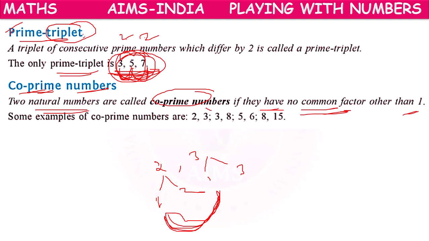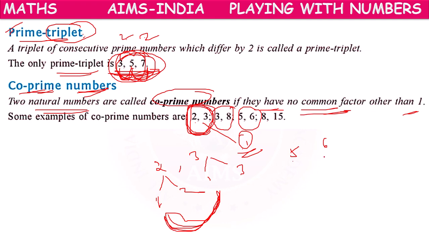If for a pair of numbers the common factor is only 1 and there is no other common factor, then they are said to be co-primes, like 3 and 8, 5 and 6. They may be prime numbers or not, because if you take 5 and 6, 5 is a prime number, 6 is not.